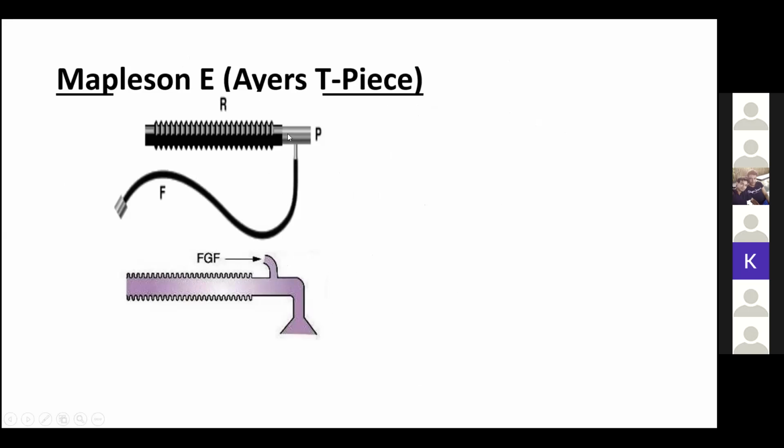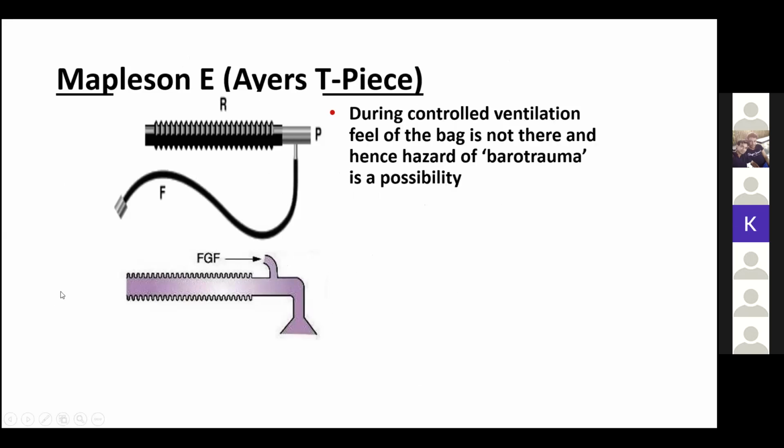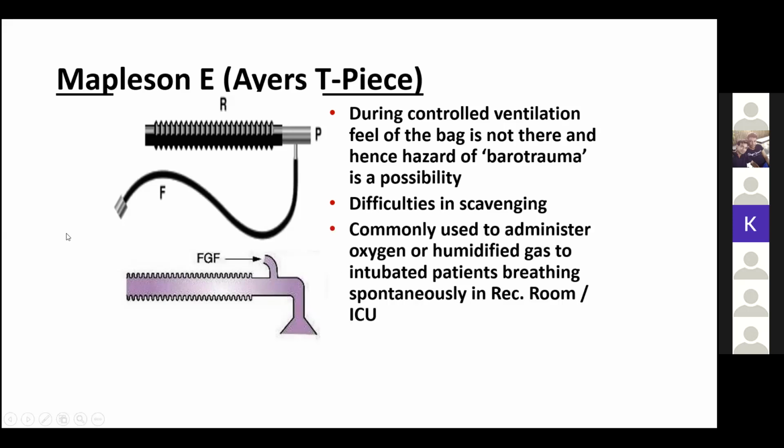Mapleson E Ayre's T-piece, here you can see how it looks. During controlled ventilation, feel of the bag is not there and hence hazard of barotrauma is a possibility. Difficulty in scavenging the system. Commonly used to administer oxygen or humidified gases to intubated patients breathing spontaneously in the recovery room or in the ICU.